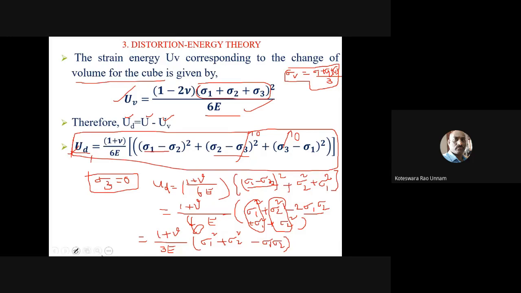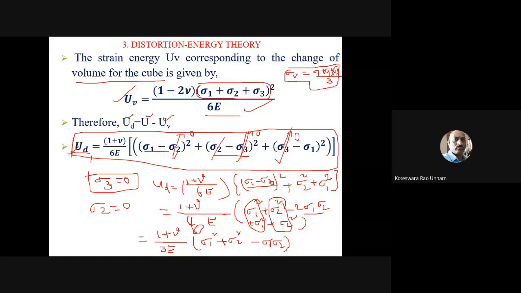Now if I want to take the uniaxial state of stress, in case of uniaxial state of stress even sigma 2 is also 0. For triaxial, all three will be there: sigma 1, sigma 2, sigma 3. In case of biaxial, your sigma 3 is going to be 0. Then in case of uniaxial, even sigma 2 is also 0.